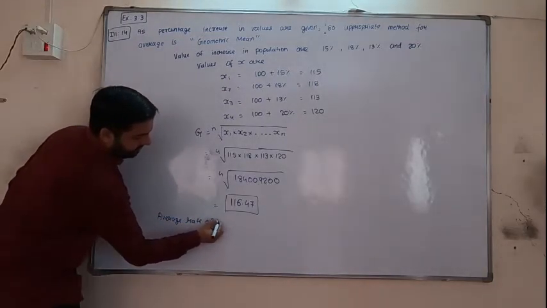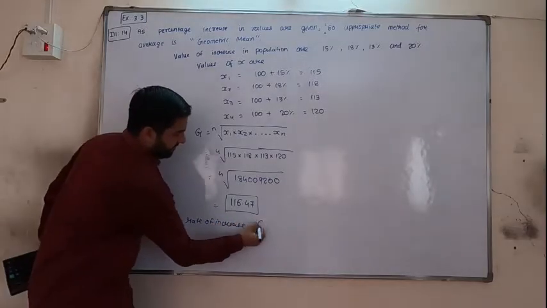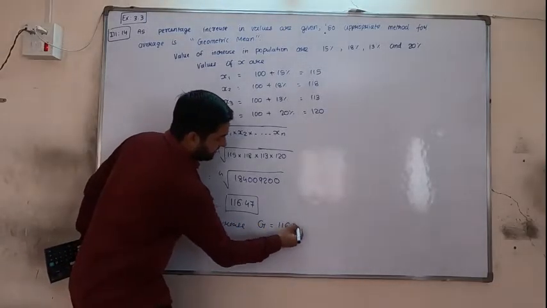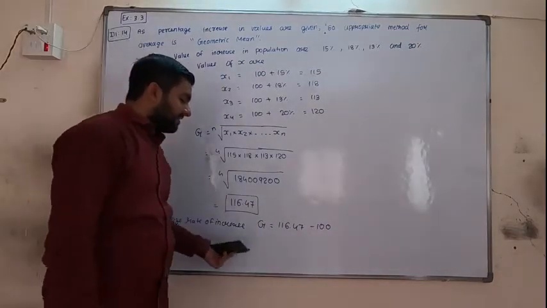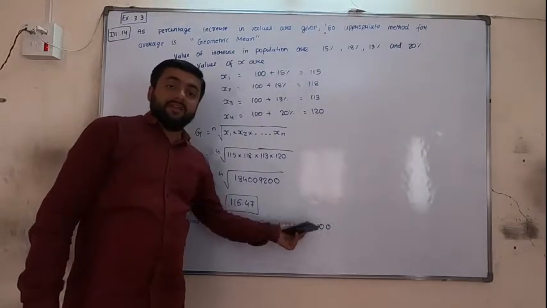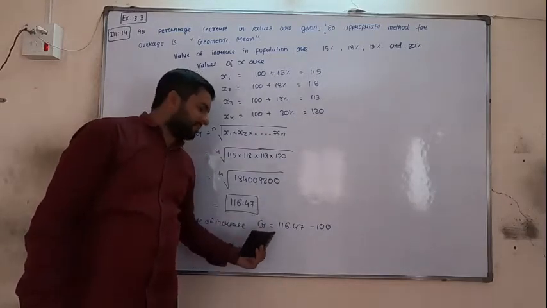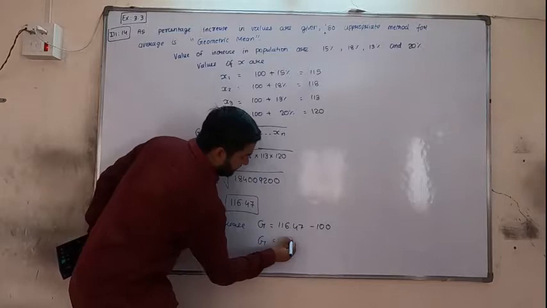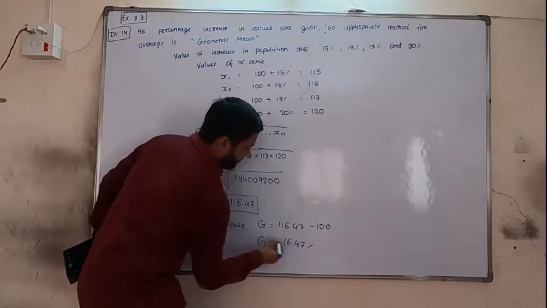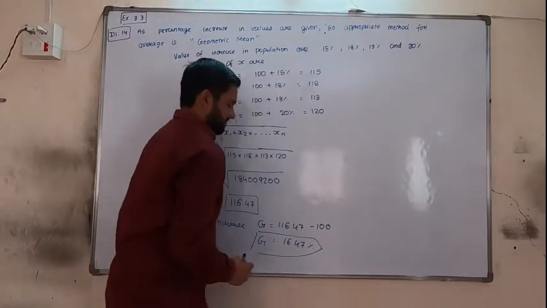Average rate of increase G is equal to 116.47 minus 100. Here the answer is greater than 100, so answer minus 100. In the previous question the answer was less than 100, so 100 minus answer. So G is equal to 16.47%.